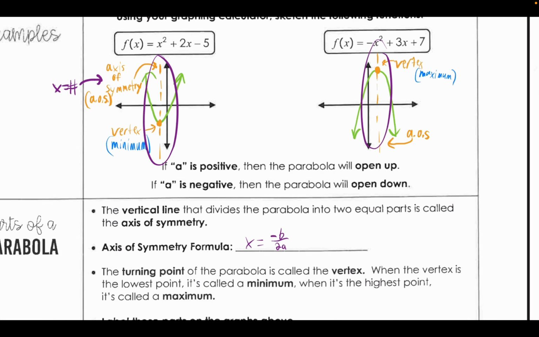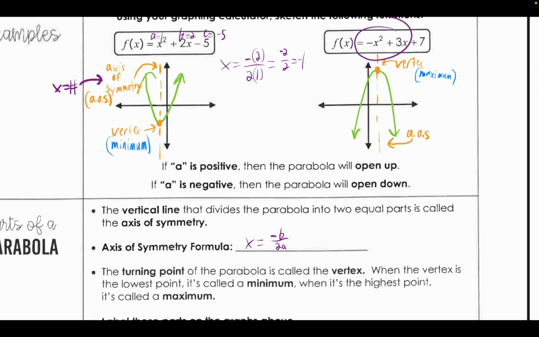Well, how I found that was, if my a is 1, my b is 2, and my c is negative 5, I plug that into x equals negative b over 2 times a, and I said, oh, that's negative 2 over 2 times 1, which is negative 2 over 2, or negative 1. And that's how I knew it was x equals negative 1.